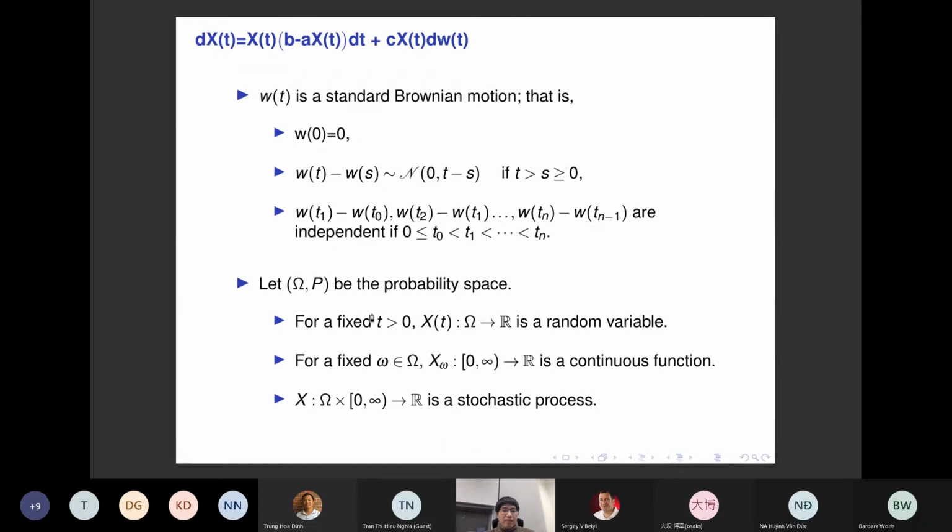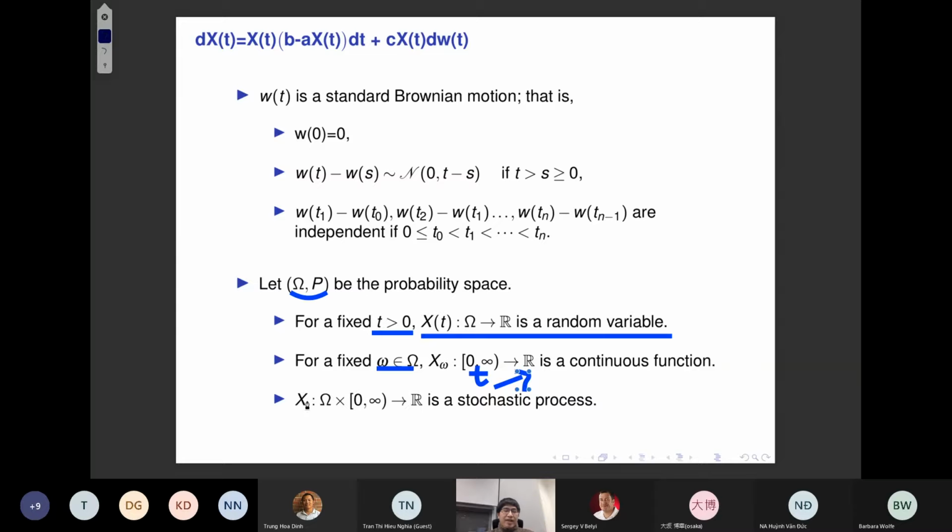Okay, so if we have a probability space omega and P, then for a fixed t, x_t is a random variable, while for a fixed omega, we have a continuous function. So for each t, we have a value, and this is a continuous function.